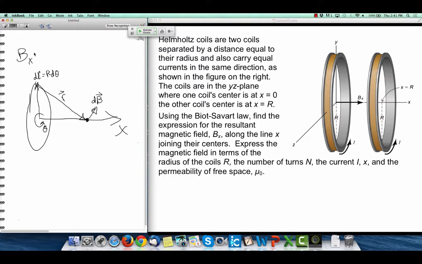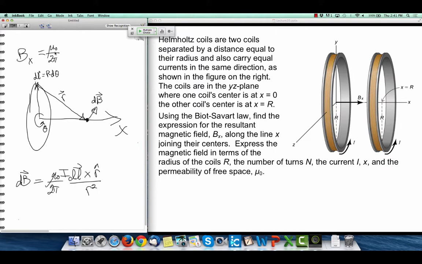I'm just going to write down Biot-Savart just so I'll have it here, and look at all of the pieces. Well, there's the mu 0 over 2 pi.